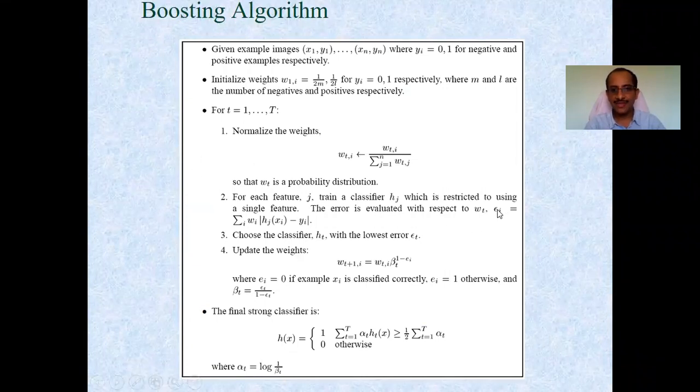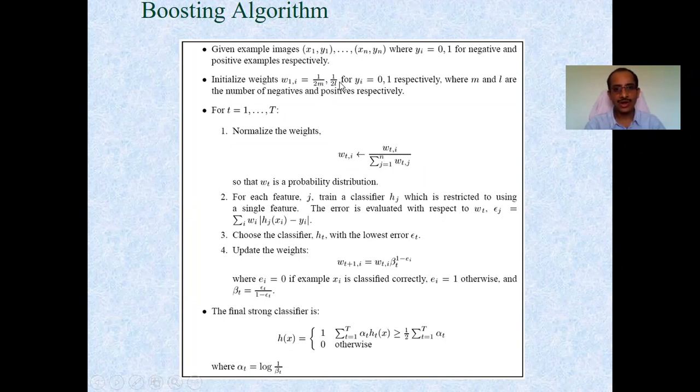The error measure is for the classifier, but the weightage is on the image patches. So initially all are equally likely. If we have M positive and L negative, 1/2M and 1/2L will be the weightage given to the positive patches and negative patches.